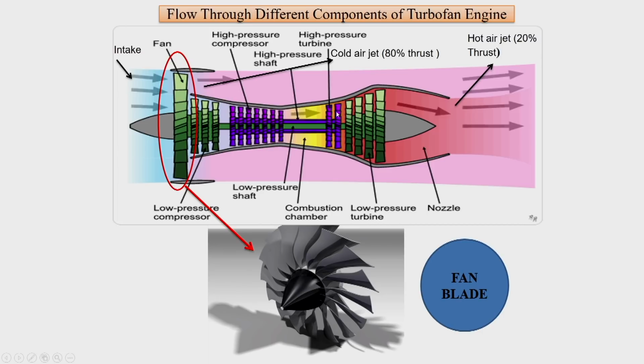It then passes through the turbine and then through the nozzle, where it is expanded, and the part which creates thrust from hot gas is called hot thrust.